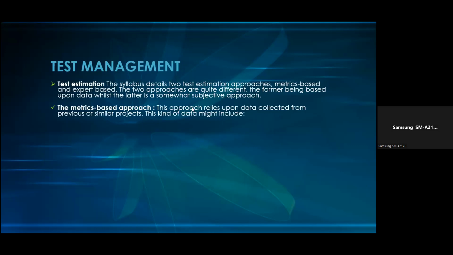This approach relies upon data collected from previous and similar projects.